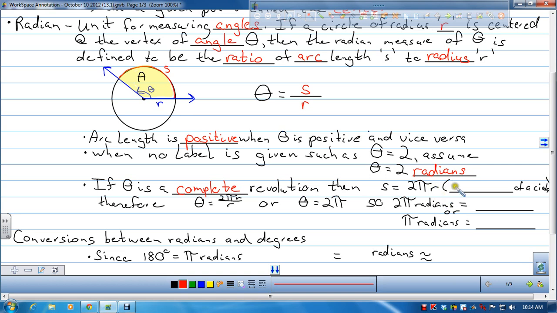Remember that 2 pi r is the circumference of a circle, or the distance around a circle. So if theta is a complete revolution, then s is equal to 2 times pi times r, the distance around.